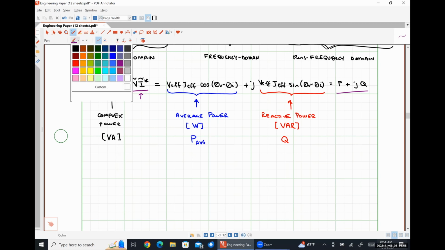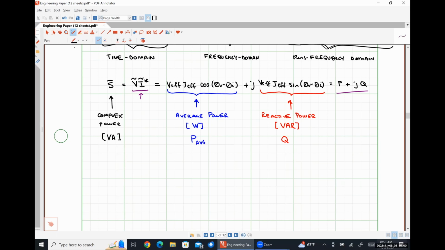Now let's look at the polar form representation. We're going to have simply V effective times I effective with an angle of theta V minus theta I. This V effective times I effective has a special name.